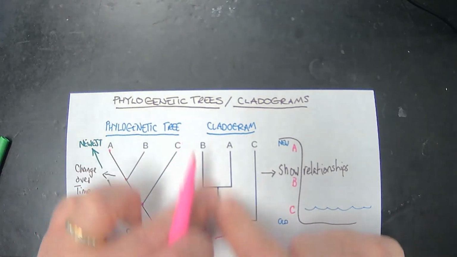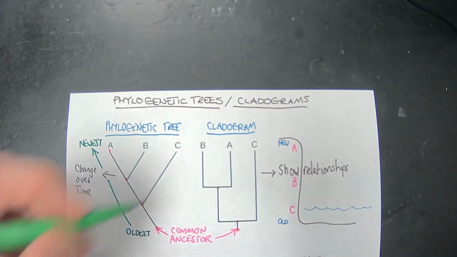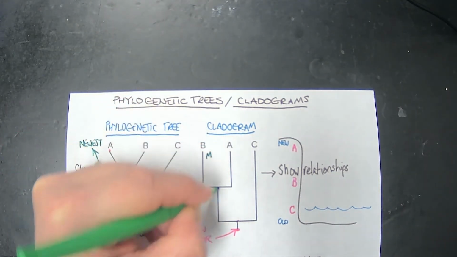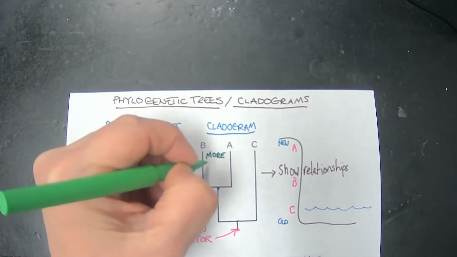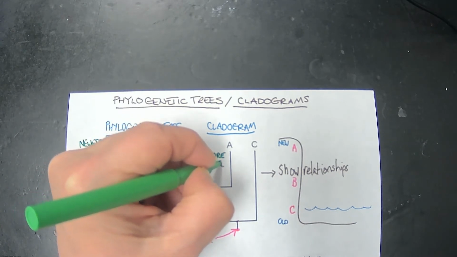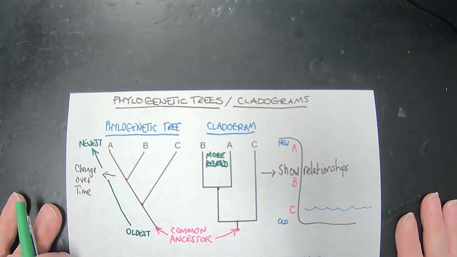By these two coming off the same branch, one thing that I do know is that these two are more related to each other than they are to C, because C comes off another branch. And that's the basic thing. This is common sense.